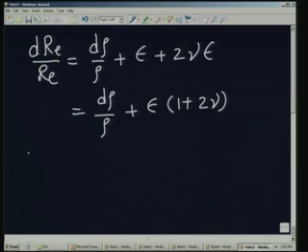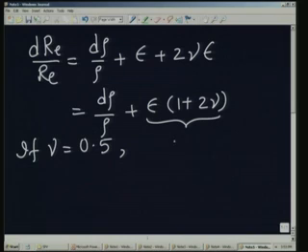If nu equals 0.5, this term will become 2 nu is 2 into half is 1, plus 1, 2 into epsilon, 2 epsilon.